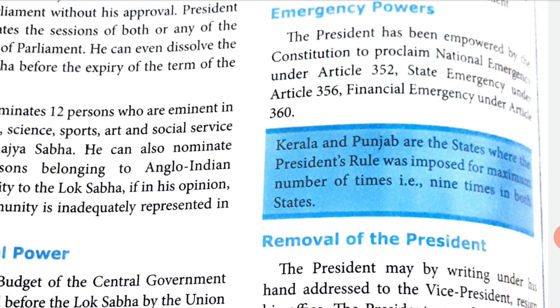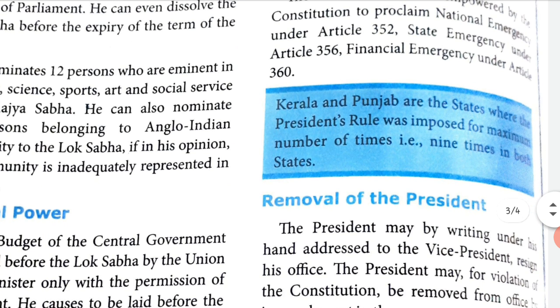Kerala and Punjab are the states where President's rule was imposed the maximum number of times. So in these two states, nearly 9 times each, the President was ruling, not the Chief Minister.